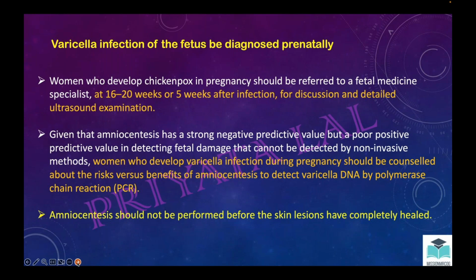Usually, if they wish, fetal medicine people can do amniocentesis. They want to find out whether varicella DNA PCR is there or not. If it is negative, then the woman can be reassured, because it has a very strong negative predictive value rather than positive.